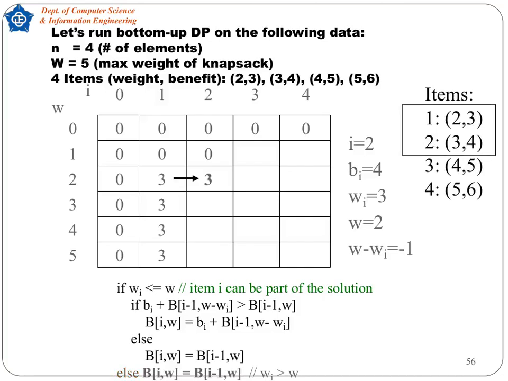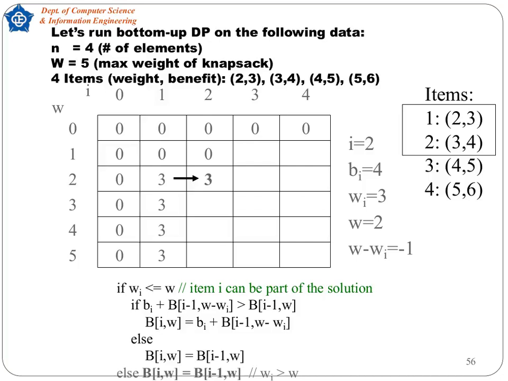Building on our previous table, we're still tackling the 0-1 knapsack with n equals 4 items and capacity W equals 5. Each item i has weight w_i and benefit b_i as follows. 1: w equals 2, b equals 3. 2: w equals 3, b equals 4. 3: w equals 4, b equals 5. 4: w equals 5, b equals 6.